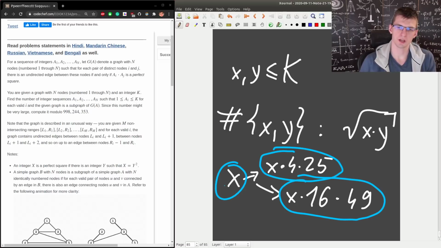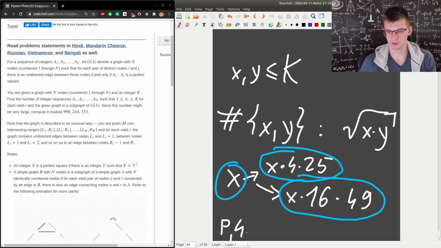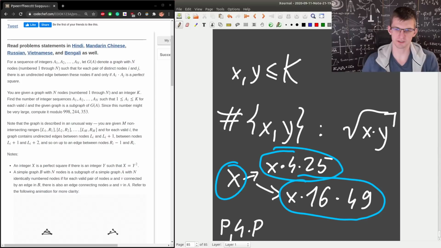Numbers, primes bigger than square root of k. Oh, they still can be. Even if something is a huge prime, I can say that p comma p times 4 is still a good pair. Well, everything x comma 4 times x is good, no matter the value of x.